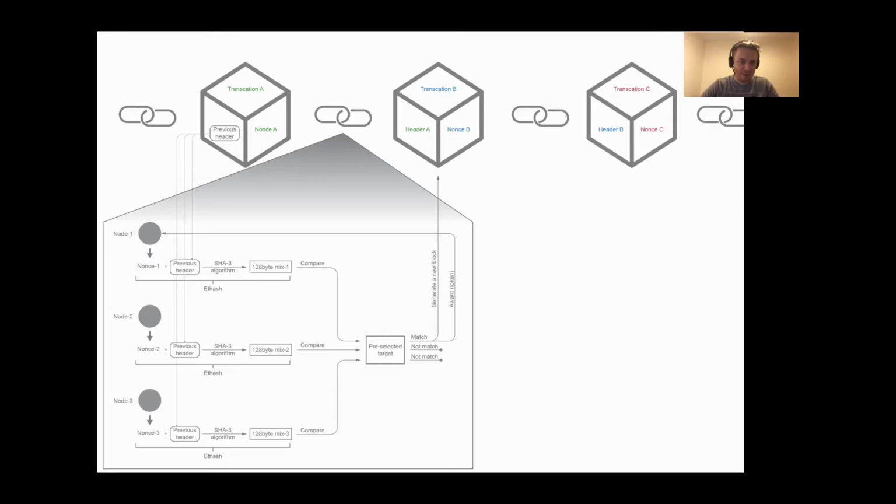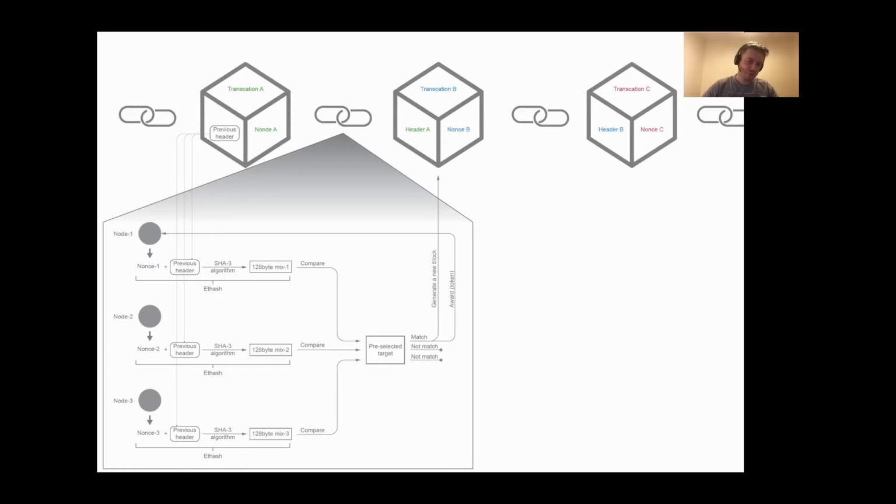This takes place by taking the previous header, using, at least in the Ethereum blockchain, the ETH-hash algorithm, which contains the SHA-3 algorithm, generating a 128-byte mix and comparing that with the pre-selected target the network has set. So each time a new block has to be defined, this is what the competing nodes go through to generate the new one.